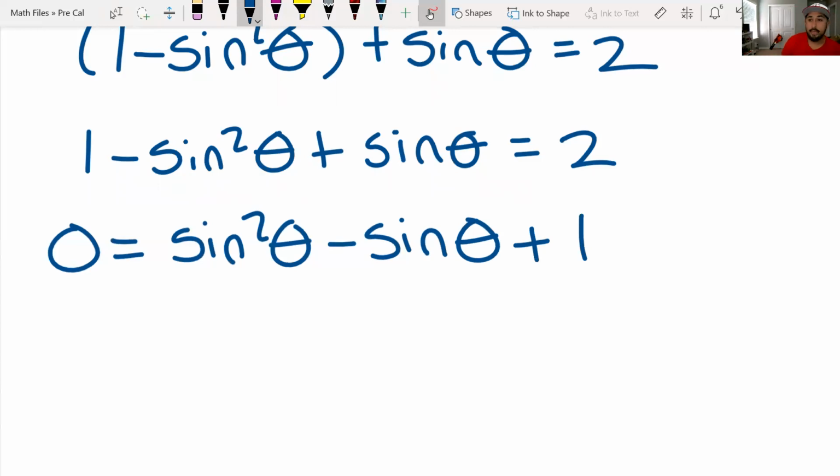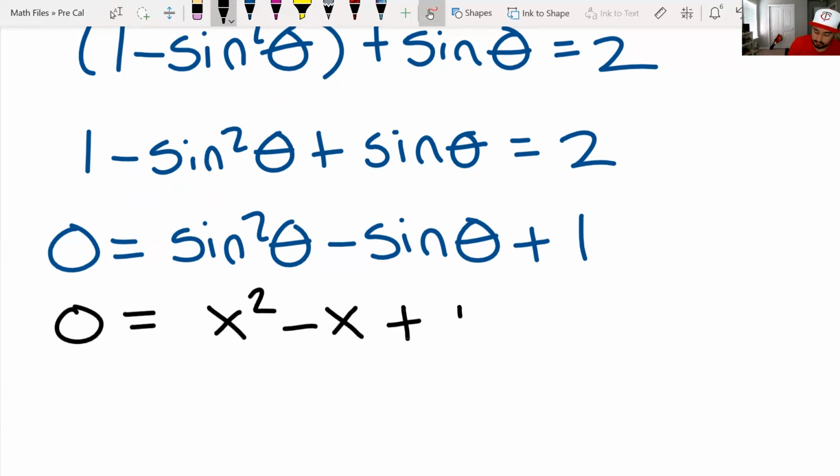Okay. Now, does this factor? Well, let's find out. If I rewrote this as x squared minus x plus 1, are there any factors of 1 that can make negative 1? And that answer is no, right?